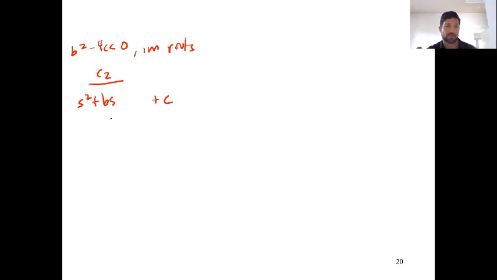We have to still make this term look like something out of the table, so we have to do a little bit of work. What I'm going to do here is what's called completing the square. So add a b squared over 4, and subtract a b squared over 4. This is something we can do. I'm just adding 2 terms and not changing it. Now we do the whole completing the square.